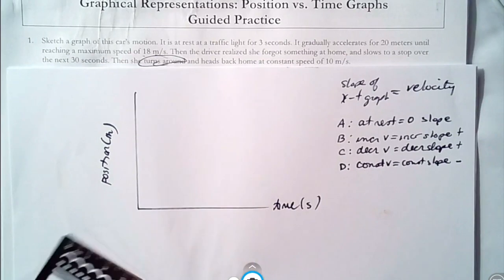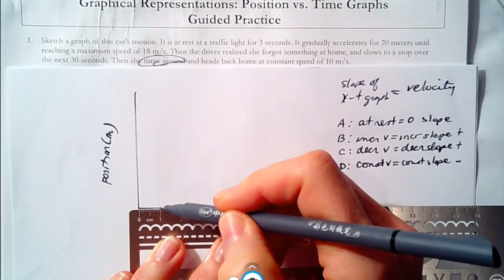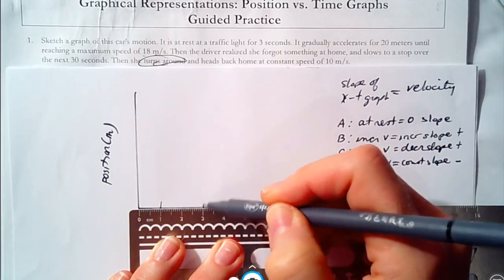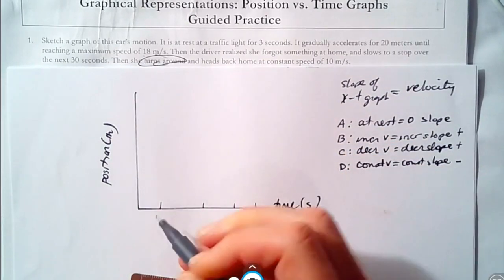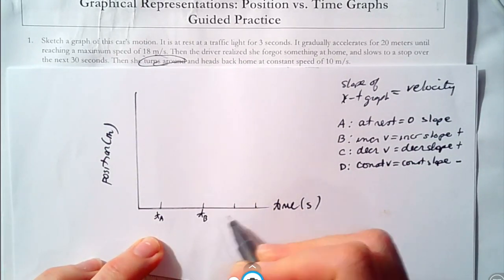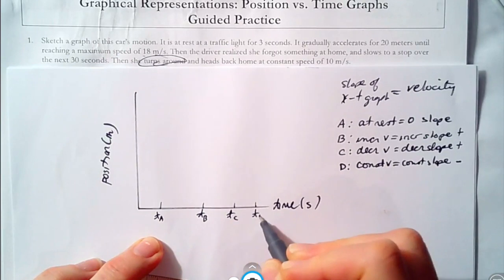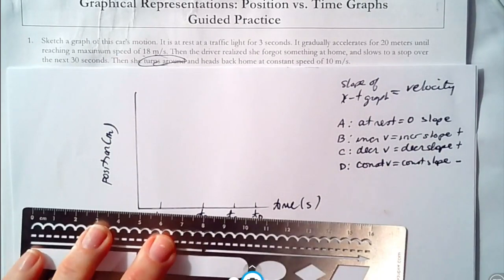Now I don't have a lot of information, so I'm just going to pretty randomly put some times here. I'm going to call this time A, time B, time C, and time D to represent the endpoints of these time periods.